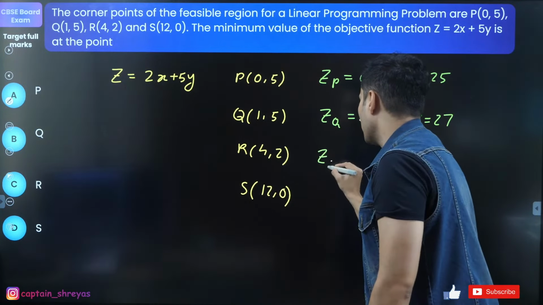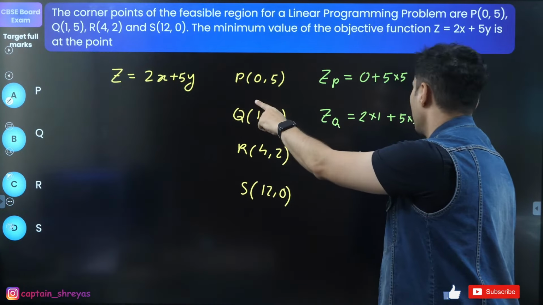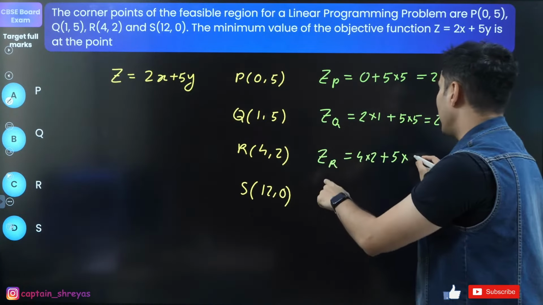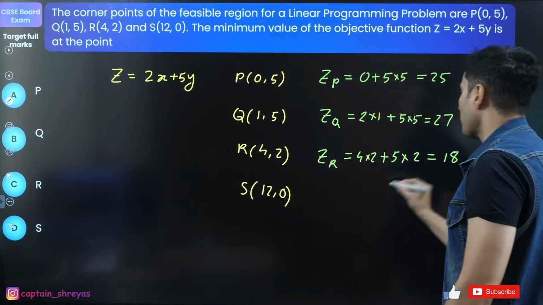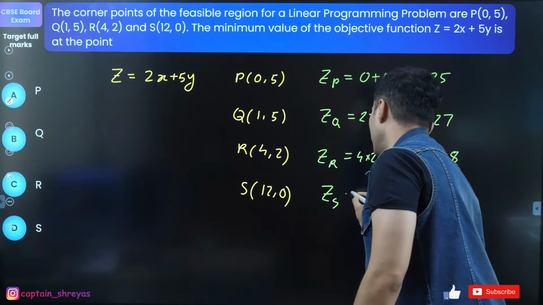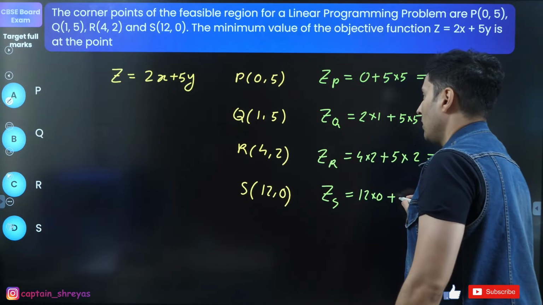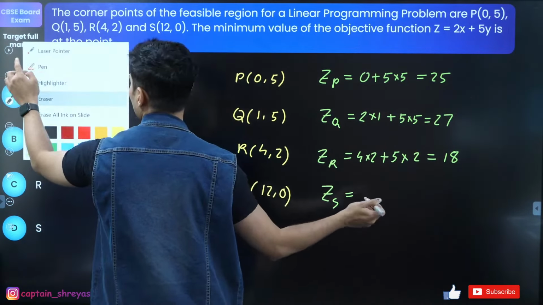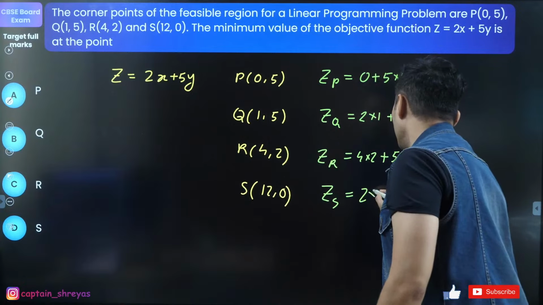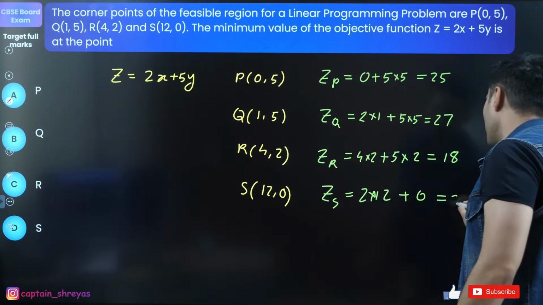The value of Z for the corner point R will be 4 into 2 plus 5 into 2, so 8 plus 10, that means 18. The value of Z for the point S will be 2 into 12 plus 0, so that is going to make it 24.